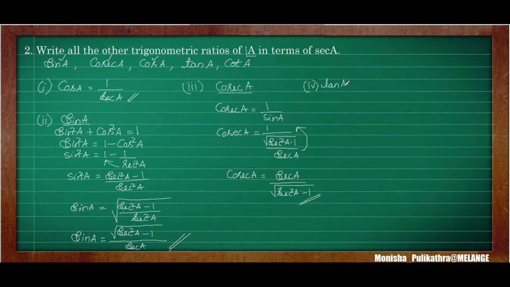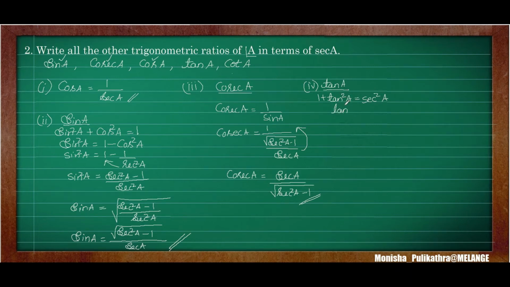Okay, so moving on to the fourth one, that is tan A. We need to find the formula for tan A in terms of secant A. From identities, we know that 1 plus tan square A is equal to secant square A. So next, we have to find the formula for tan A in terms of secant A, right?